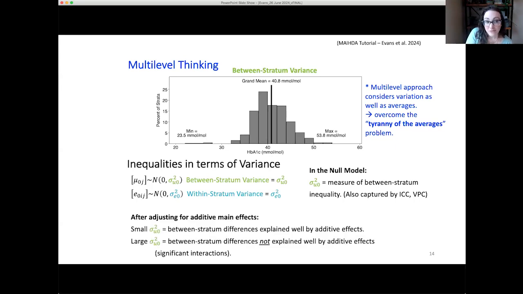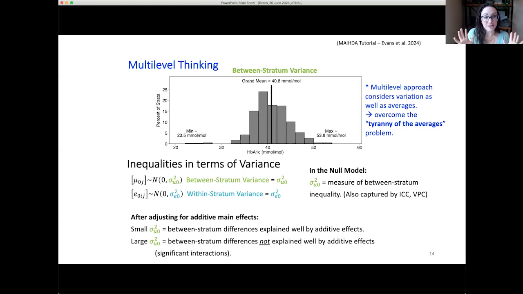In my additive model, where I've put in Black and woman, but none of the interaction terms, if it was the case that all of the inequalities I saw originally, this whole distribution, was perfectly explained by very predictable universal additive patterns, then putting those beta terms, those additive things, into my model should shrink the entire distribution down to 0.